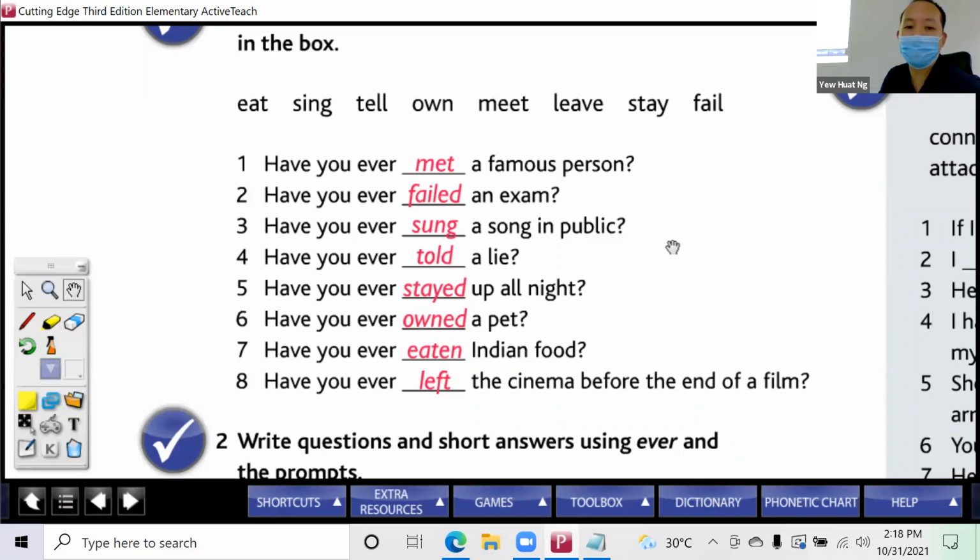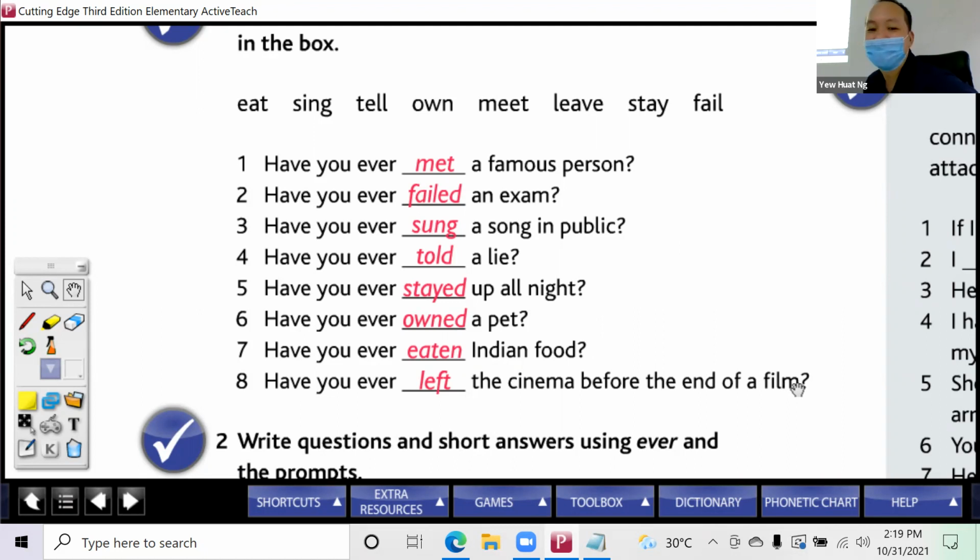Eaten Indian food. Have you ever left the cinema before the end of a film? Ever? Yeah. Why? Oh, it was too boring.